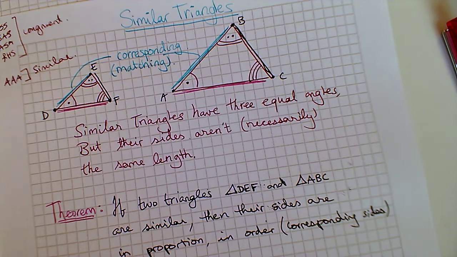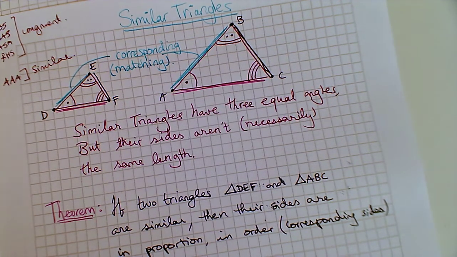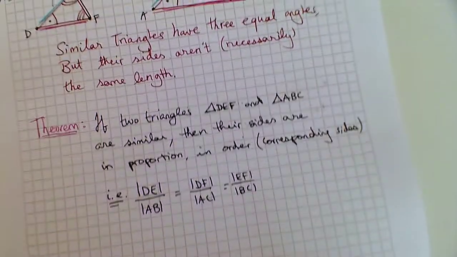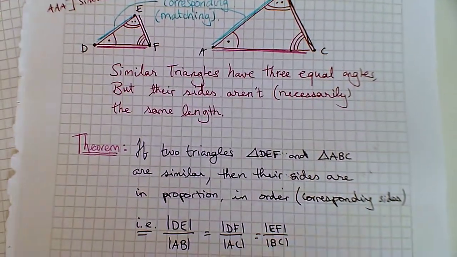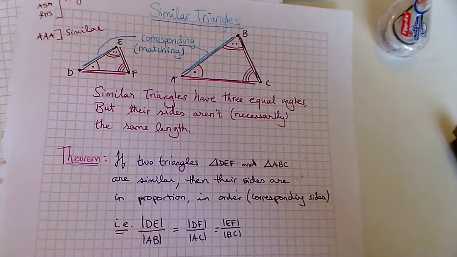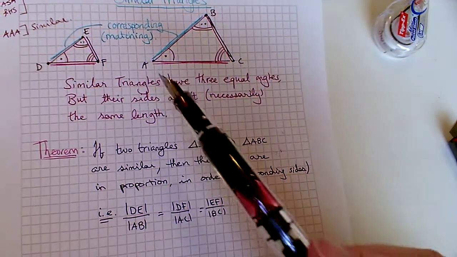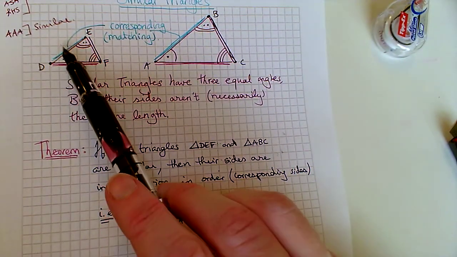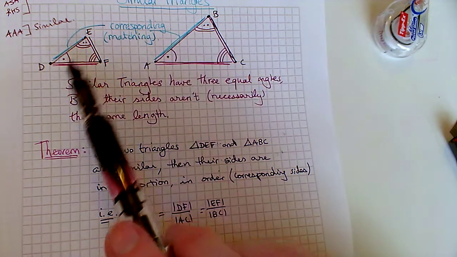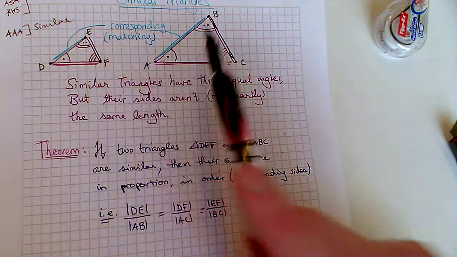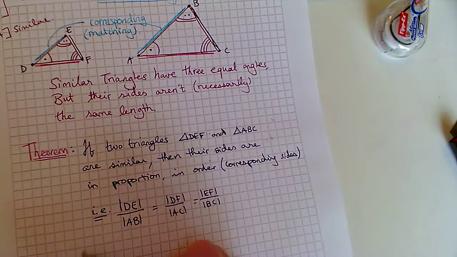So basically, an explanation of that theorem, sorry guys, that went off the screen. Here it is. So I can just do this so we can see it all on the same page. The corresponding sides divided by each other will always give me the same answer.